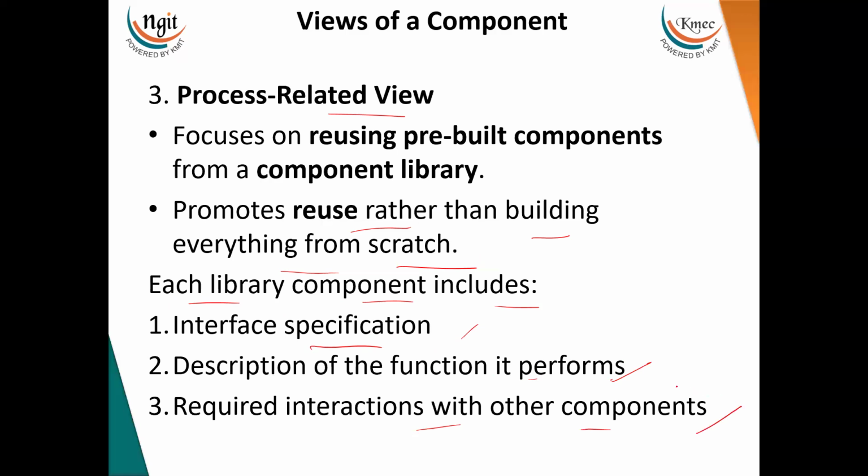Basically, following the principle of not reinventing the wheel, we make use of pre-existing components from the library, so we do not write the code from scratch. Using existing components improves reusability and also saves the time of the developers.